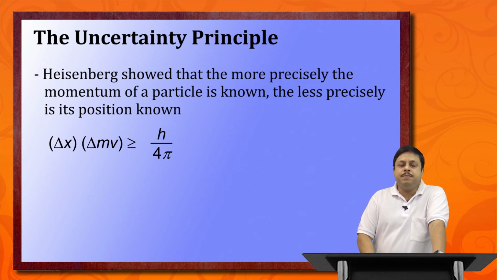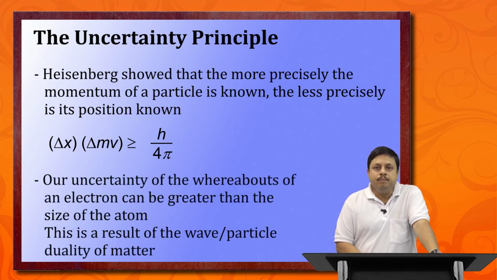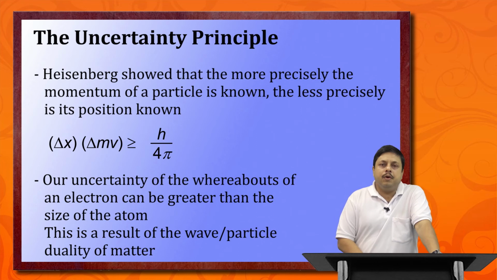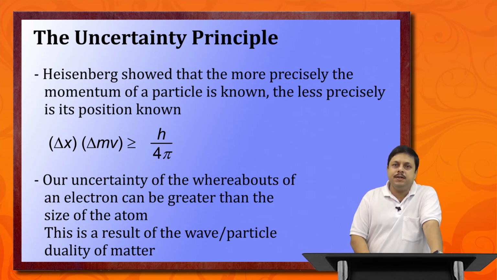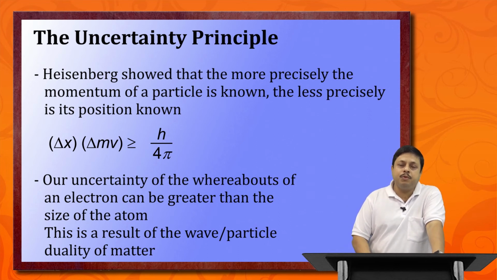So what does this mean? This means that when you have a moving microparticle, say a moving electron, it will be impossible for us to simultaneously, that means at the same time, determine with infinite precision the value of its position, where it is located in three-dimensional space, and simultaneously the value of its momentum at that particular location.